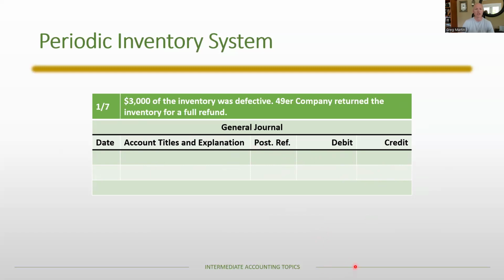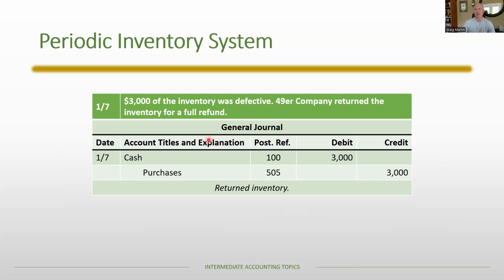So the next transaction: inventory was defective, and so they got a full refund. Essentially saying, I don't want this inventory, they send it back. But again, to be clear, we're not touching the inventory account. Instead, we're going to change the purchase account. We're going to reduce it, and we're going to debit cash for the refund that we received.